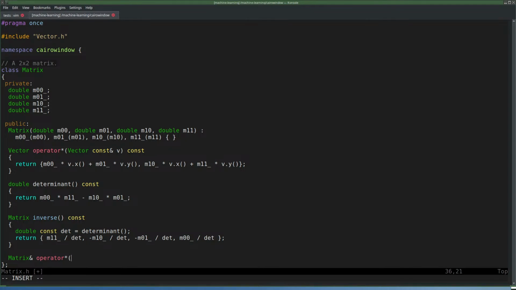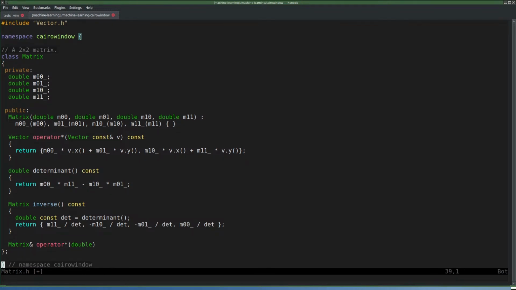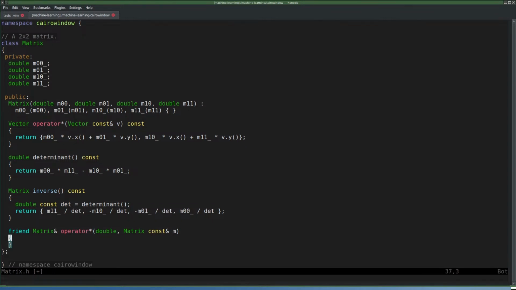Operator, multiply this thing with a double, but I would like to have the double usually in front of it. So this must be a friend then, so we can have the double up front and the matrix second. And then I still have to implement it. Oh, actually, that's nonsense.